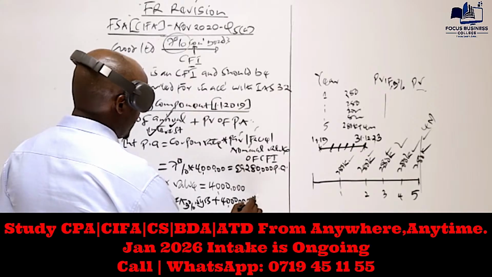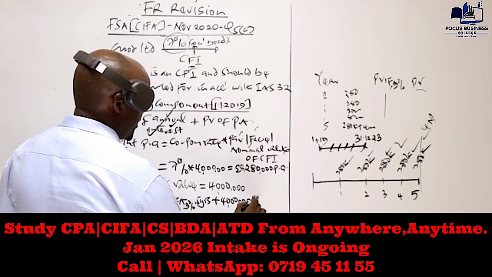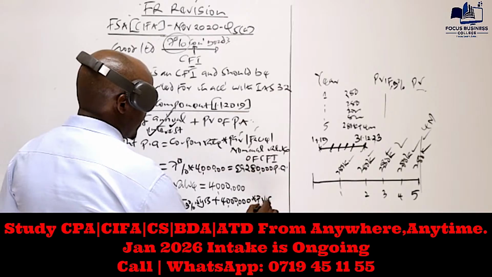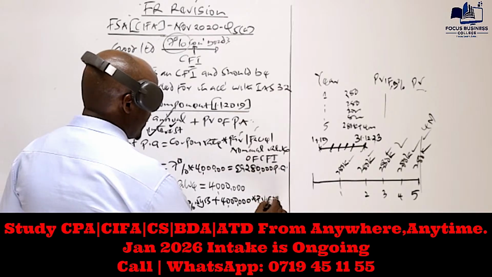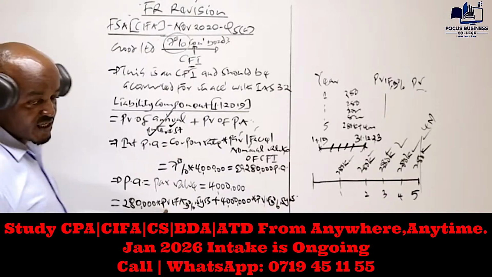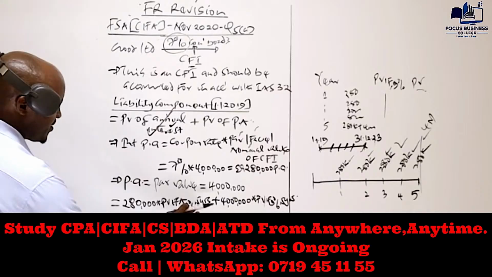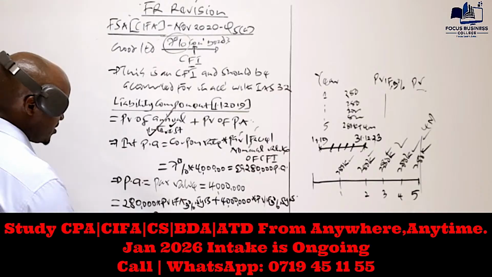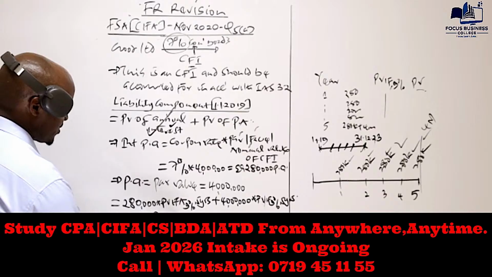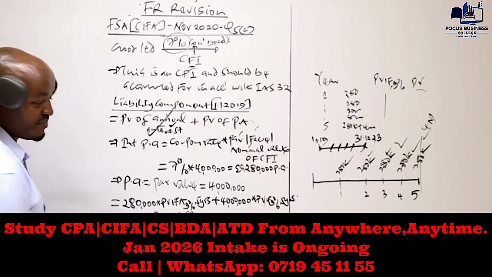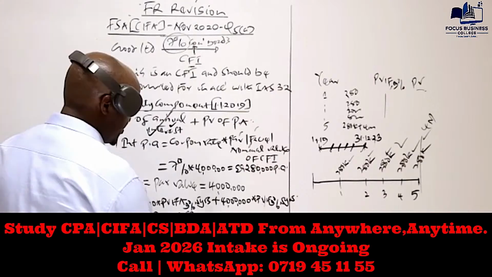So we multiply that with the present value interest factor at the rate of 9% for 5 years. Remember the formula for getting the PVIFA, which is different. The formula is 1 minus (1 plus R), which is 1.09, raised to the power negative 5, divided by R, 0.09. That is how we compute the PVIFA. And then we add this 4 million.